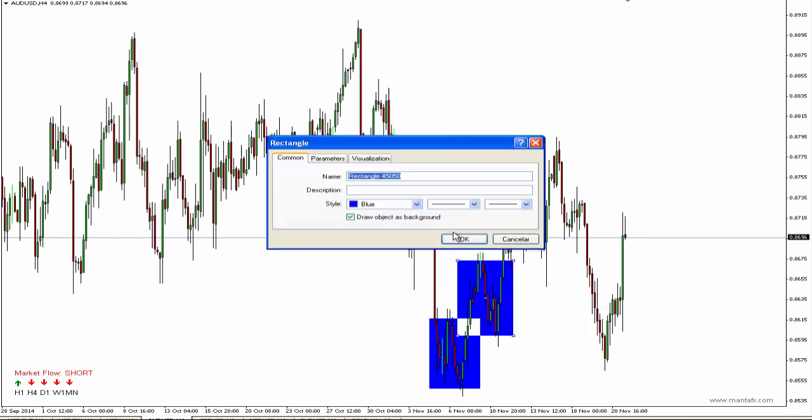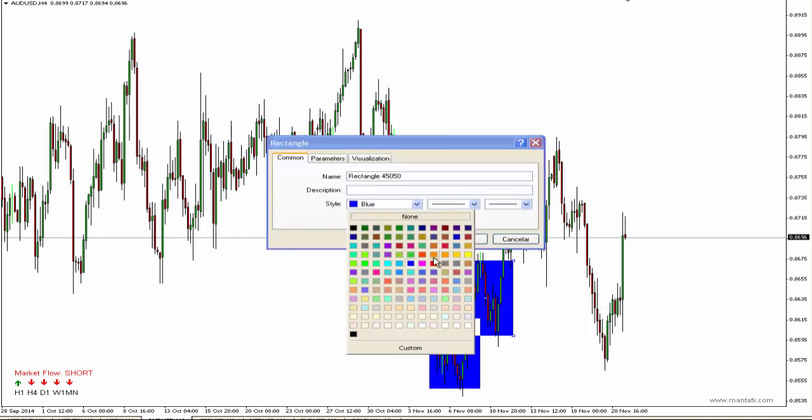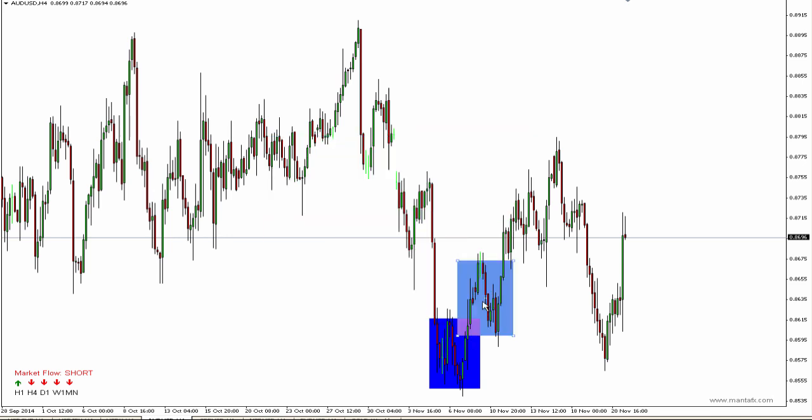Let me just make this a different color. So price broke out from this first consolidation, retested it, went up, then consolidated a little further, a little bigger consolidation as I mentioned before.